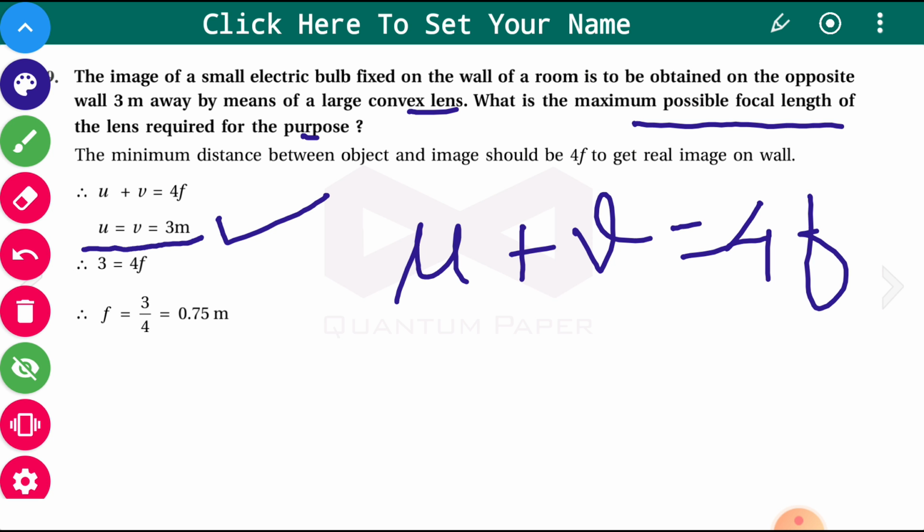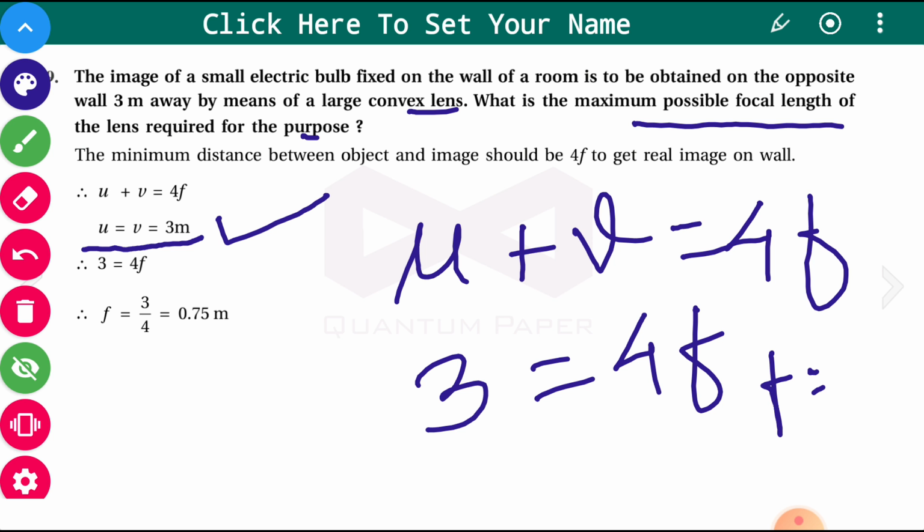So 3 is equal to 4f, so f will be equal to 0.75.